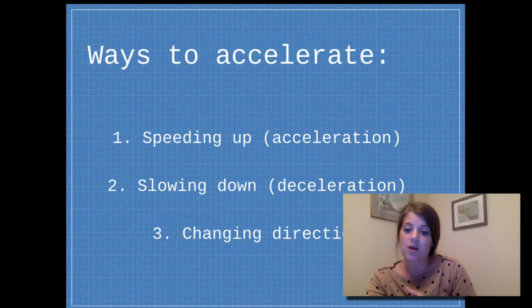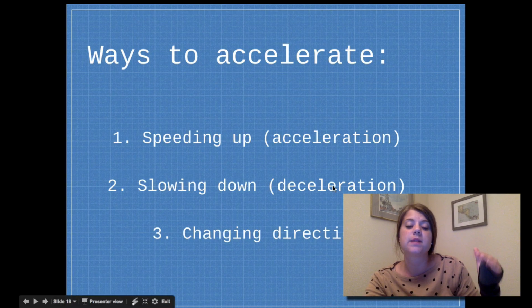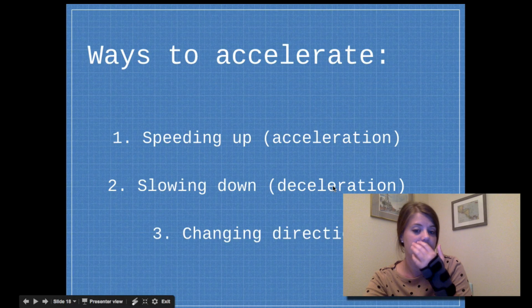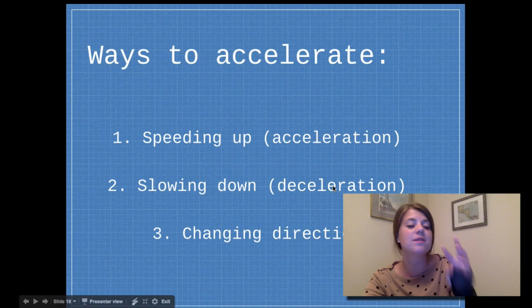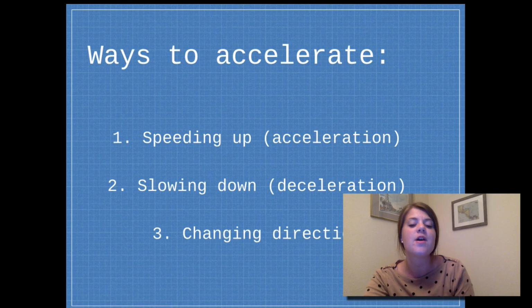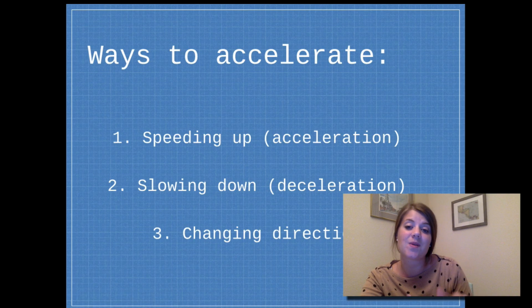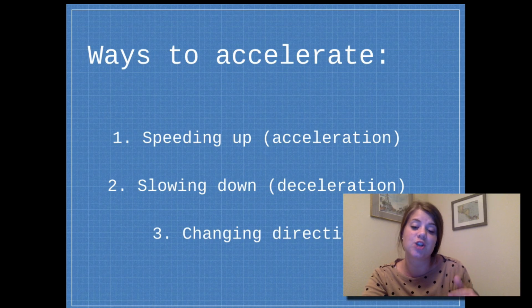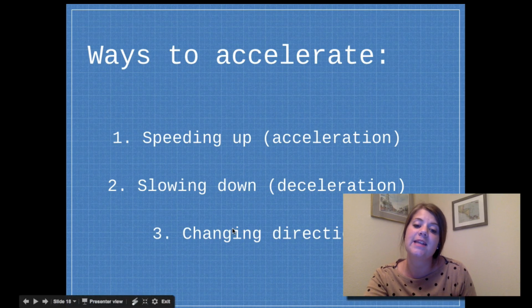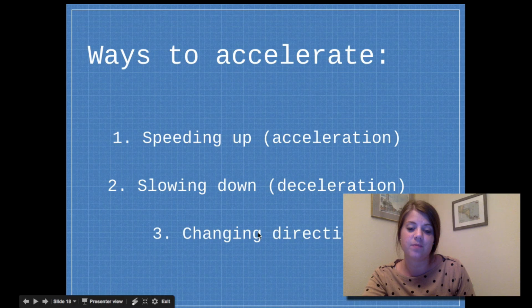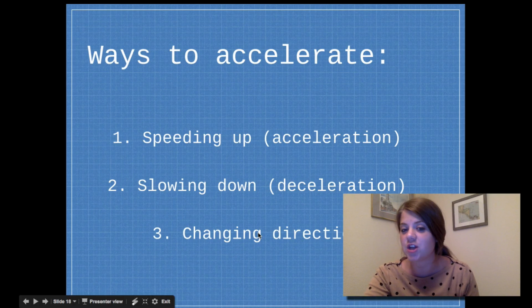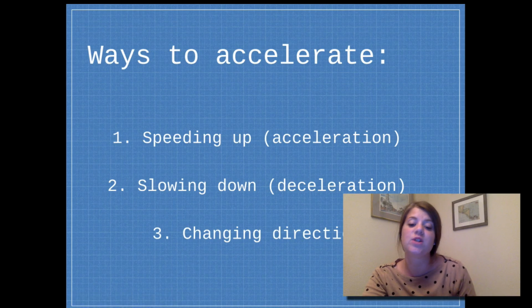You are decelerating, okay? Slowing down, decelerating. The third way is not the most commonly thought of, but it is acceleration because we're changing our velocity, and that is when we change direction. So when you change direction, you're changing velocity, which means that you are accelerating.